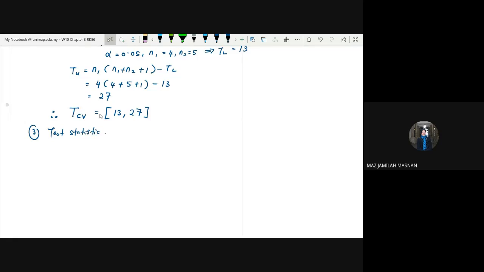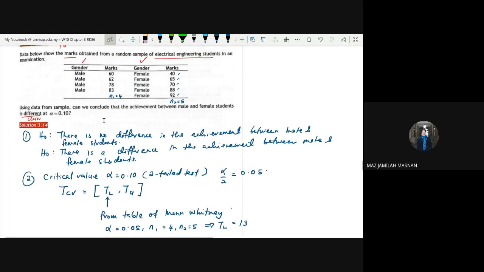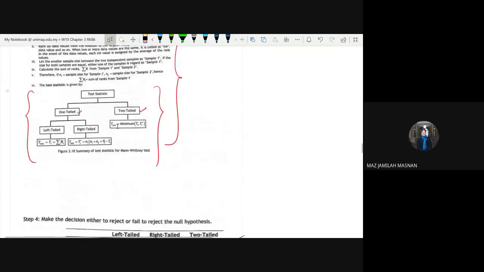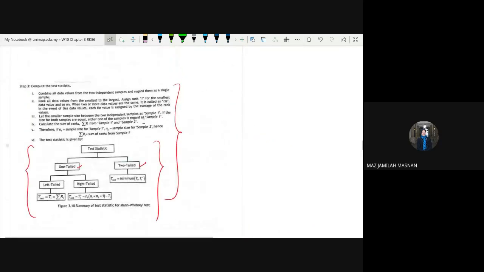So how do we find the test statistic? This one involves the ranks. Combine all data values from the two independent samples and regard them as a single sample. Even though you have male and female, you take it as if they are coming from one population. That is your first step.